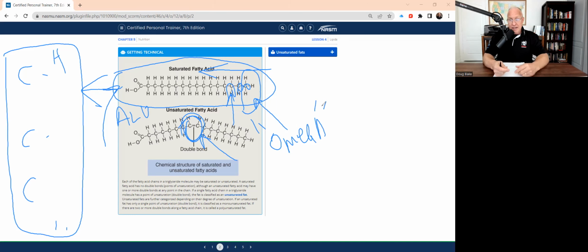And so you can have kinks in the 3rd, the 6th, the 9th, and the 12th one. You can have kinks all along. You can have 3 double bonded carbons in certain fatty acids, 5, 6. You can have multiple double carbons. Those are what we call polyunsaturated fatty acids.